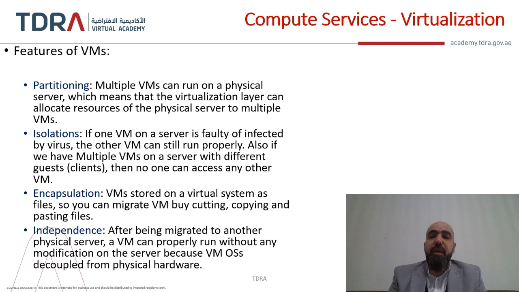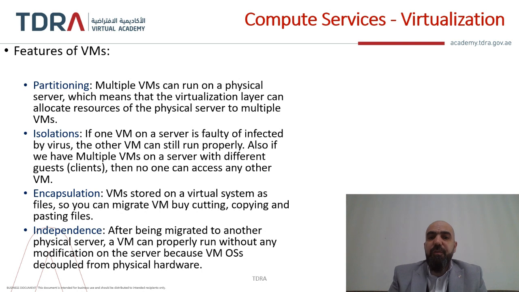Because you have only one physical server, the entire thing is infected. But with VMs, this is an Active Directory virtual machine, this is a DNS virtual machine, this is a SQL Server virtual machine. Let's say the Active Directory got infected. The rest of the servers are working normally, so they are not infected.